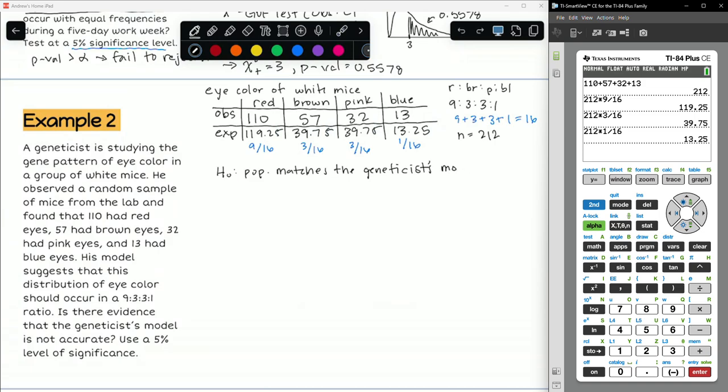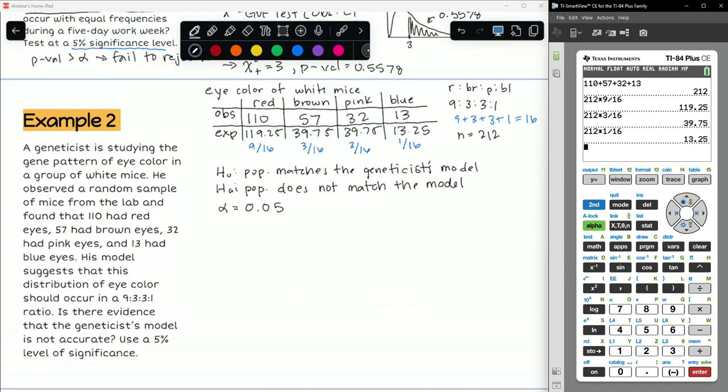And my alternative is that the population does not match that model, meaning at least one category is different. We were given a level of significance of 5%, so alpha is 0.05.